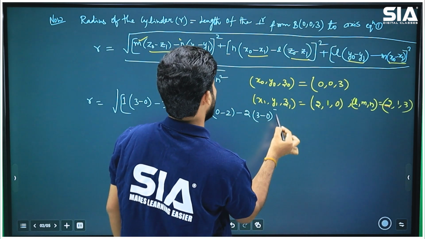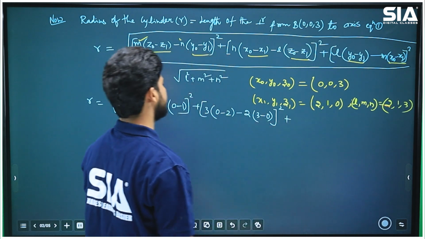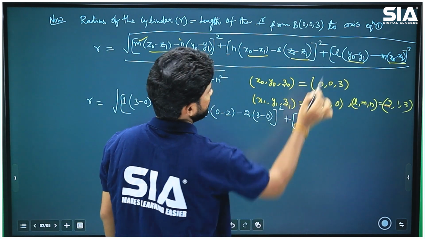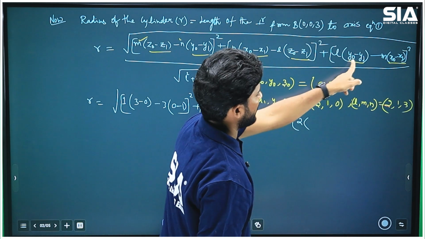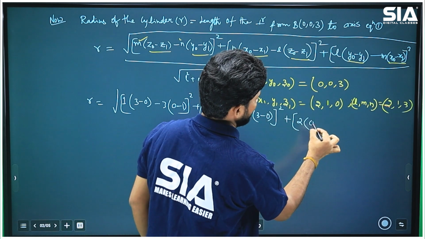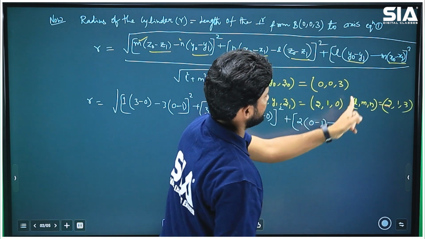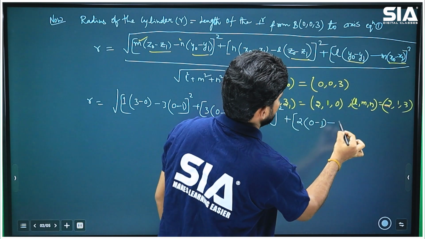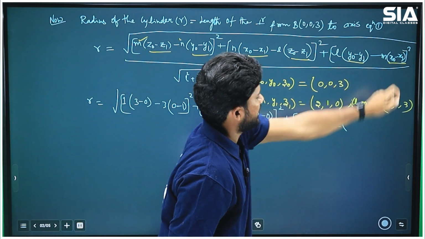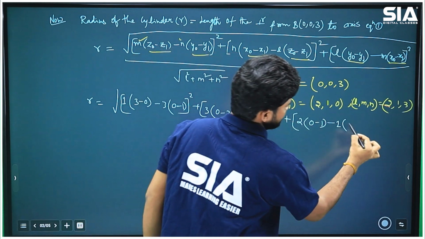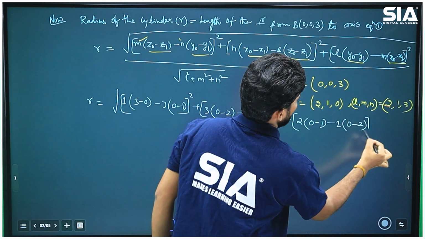Plus, again after that value, l is 2, so 2 into y0 minus y1, which means 0 minus 1, minus m, the value 1, into x0 minus x1, which means 0 minus 2, whole square.